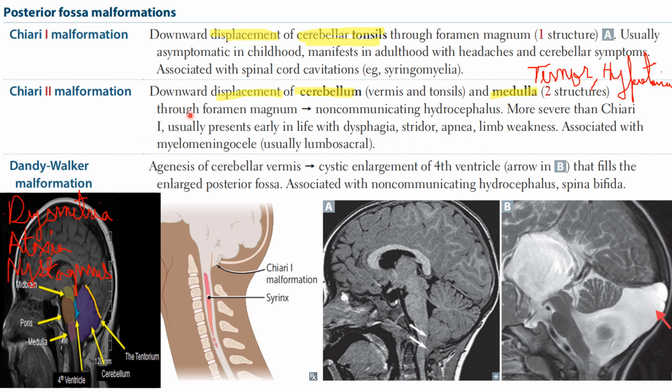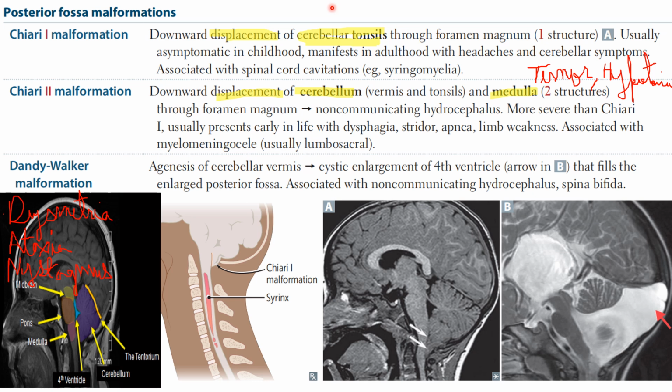Of course, you can see there are more obstructions, and it is usually present early in life with dysphagia. So dysphagia is a condition where you feel difficulty passing fruits and food through your pipe, and then we have stridor, where there is a blockage in your nasal area, and you have to be taking breaths through your mouth.